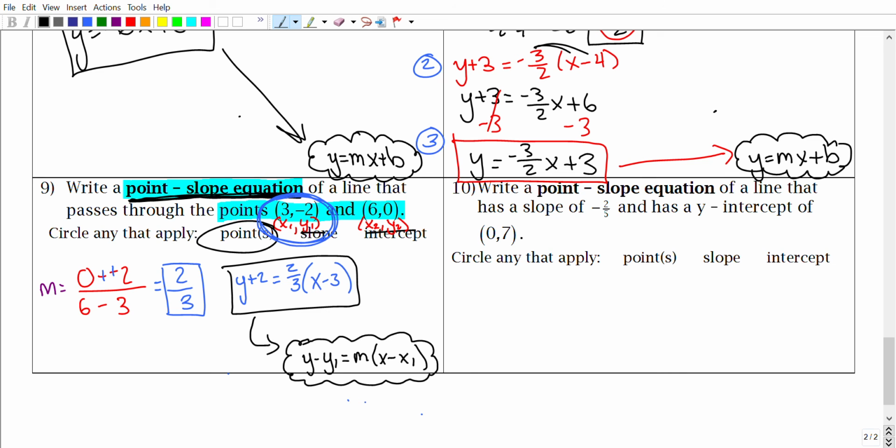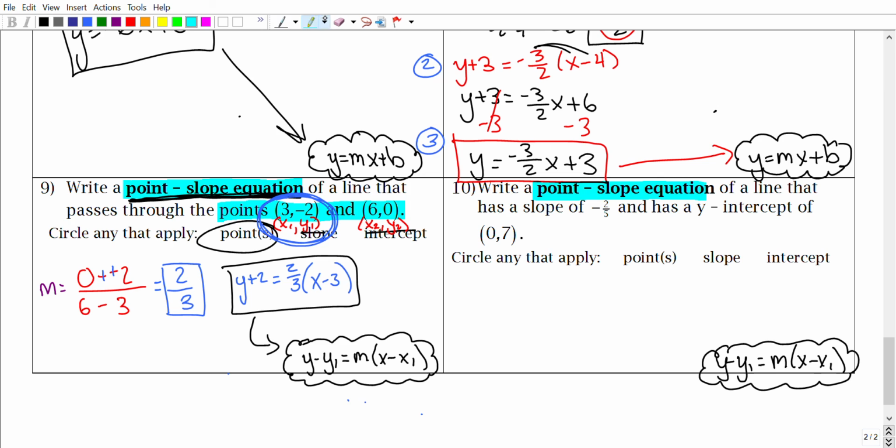Hopefully you guys did. And let's go ahead and do this last problem together. So I'm being asked for a point slope equation. So write yourself your little reminder here at the bottom. Okay, this is what I want my final answer to look like.